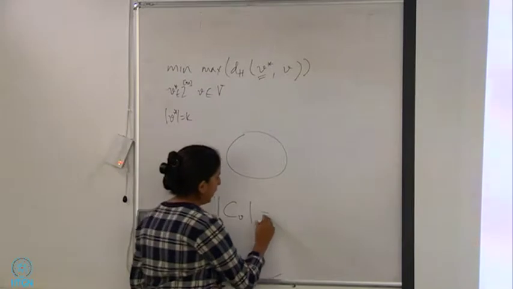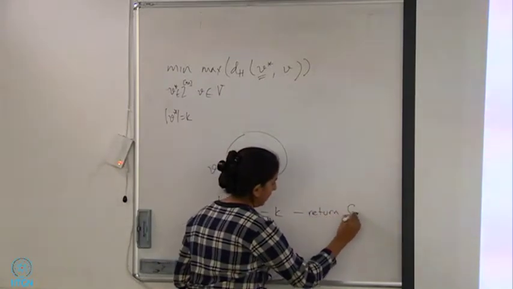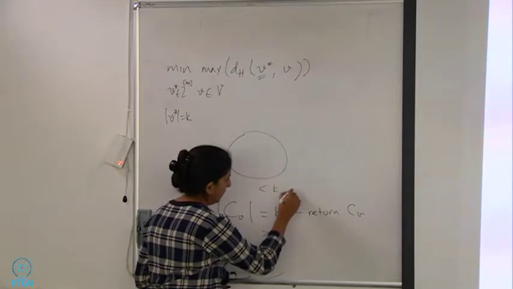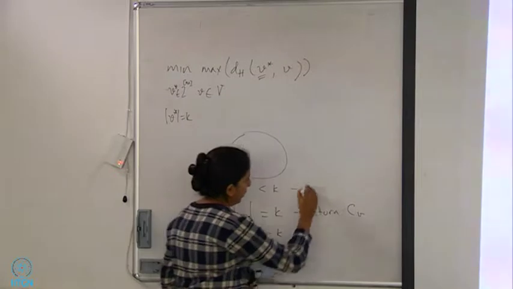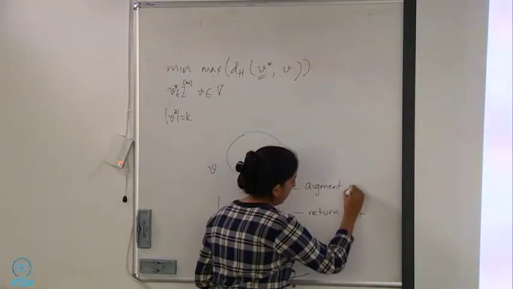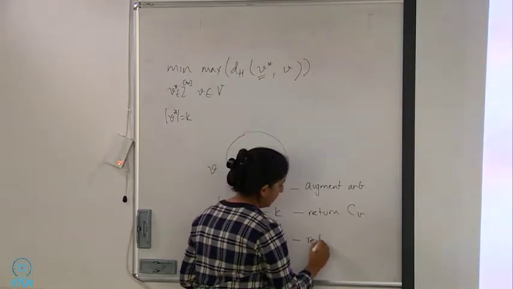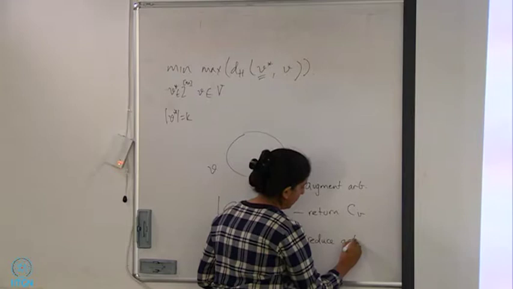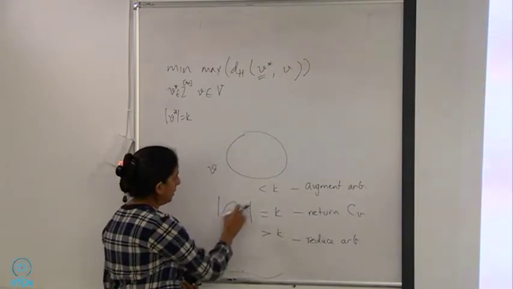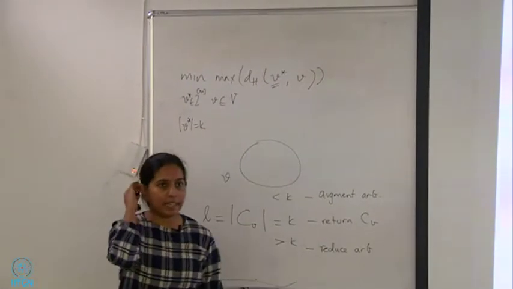So if this is exactly equal to K, then just return C sub V. And if it is more than K or less than K, then here I want to augment arbitrarily, and here I want to just reduce arbitrarily. So let's say this guy approves L candidates.